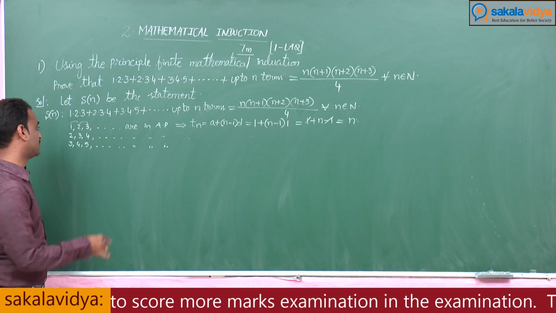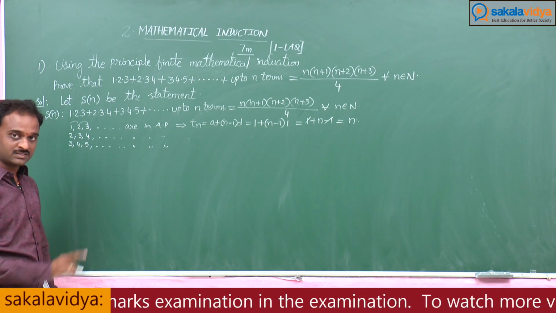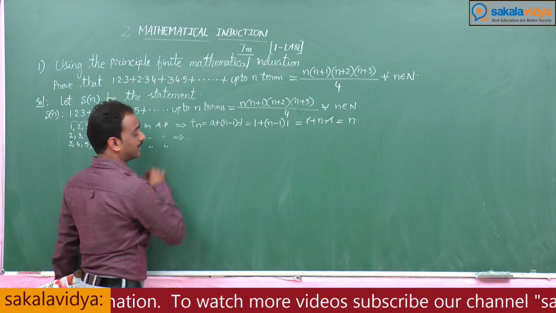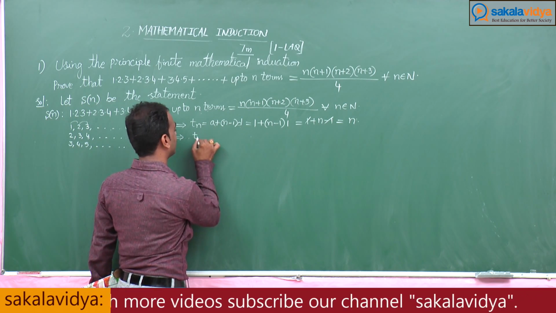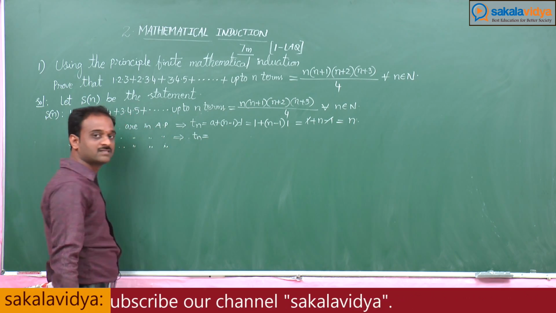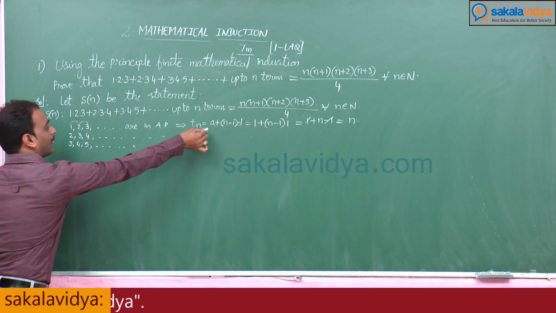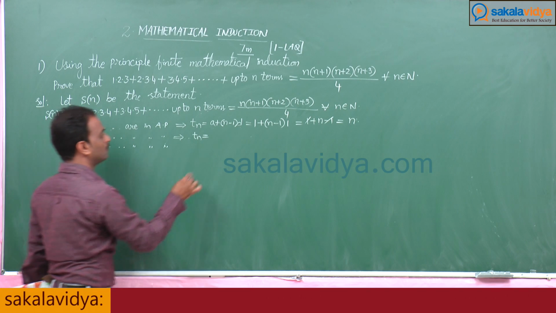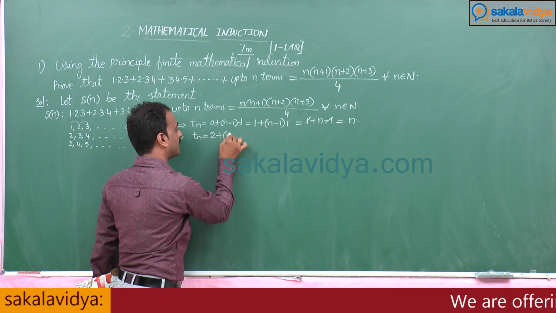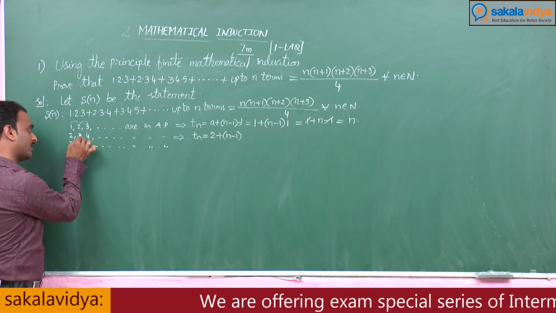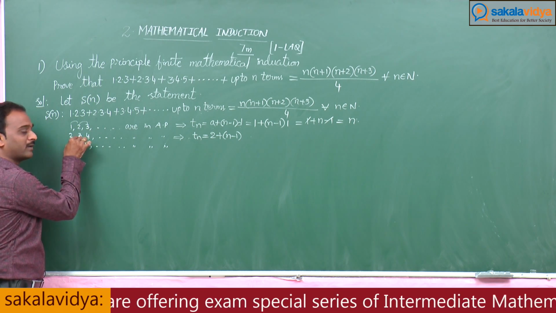Next, second series 2, 3, 4, which is also in AP. Then the nth term Tn is equal, same formula, a plus (n minus 1) into d. Here the first term small a is equal to 2, plus (n minus 1) into difference d, again 3 minus 2 is 1, 4 minus 3 is 1.